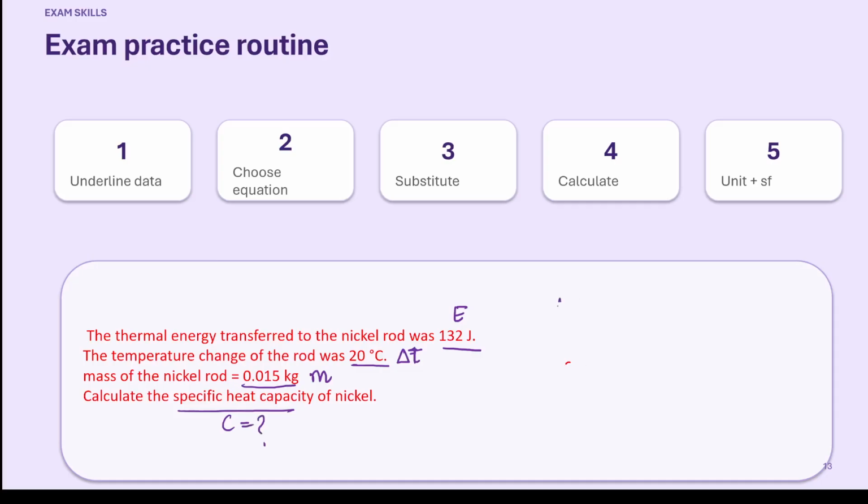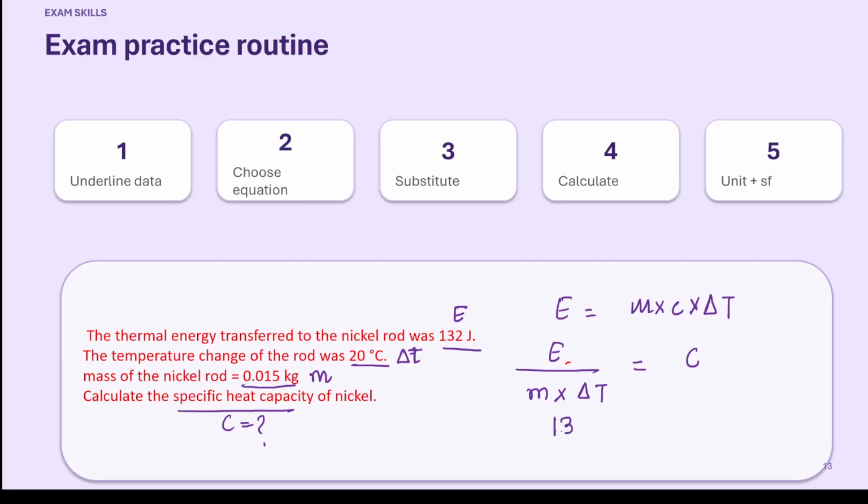I'm going to write the equation: E equals m c delta T. Rearranged, E divided by m times delta T is the specific heat capacity. If they have nothing in between two things, that is multiplication. Now let's put in the values.